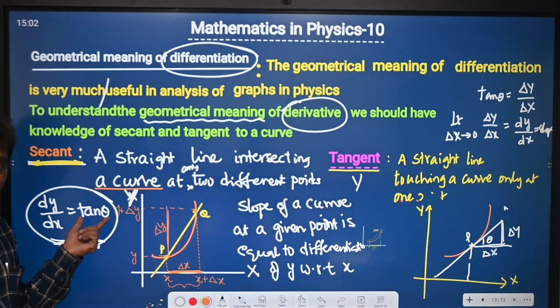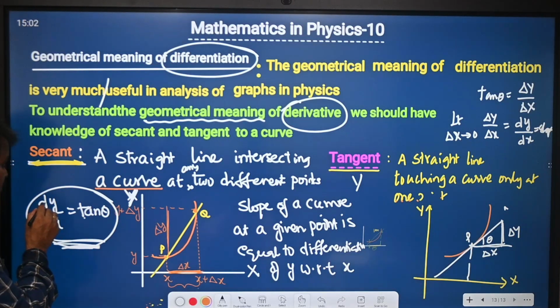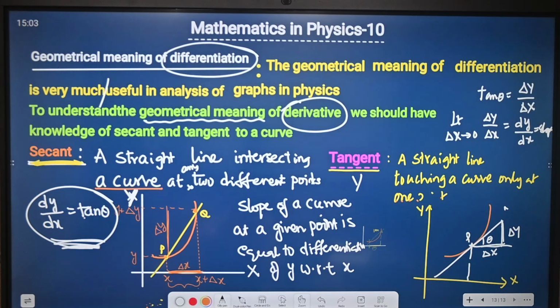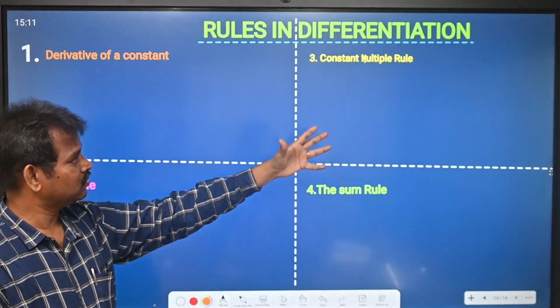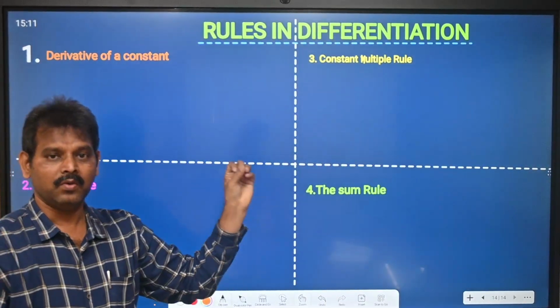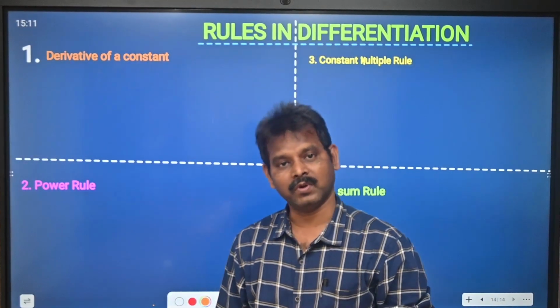So the slope of any curve at a given point is equal to the differentiation of y with respect to x. Students, some rules of differentiation are very important while solving problems.